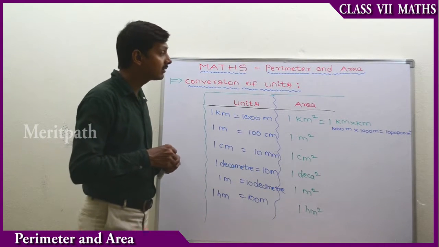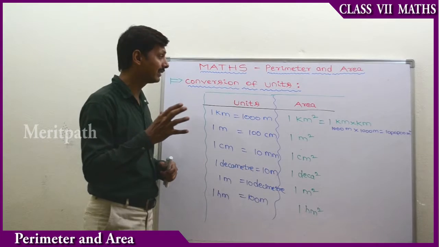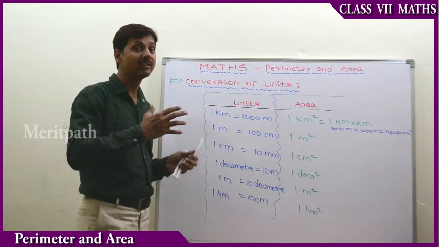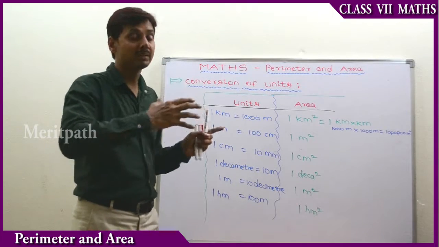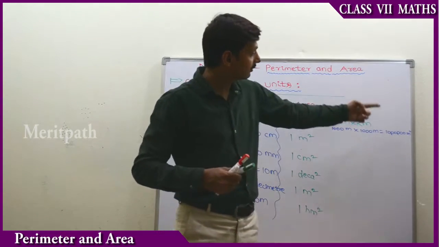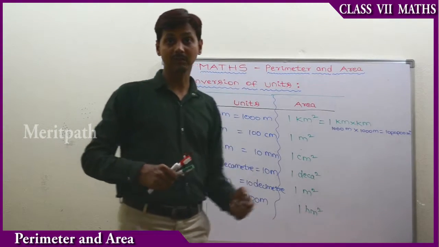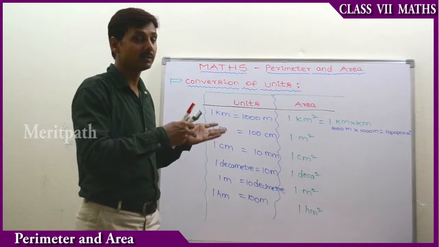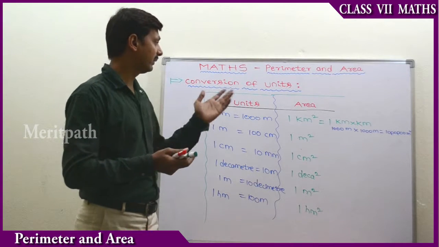So 1 kilometer square is equal to 10 lakhs meter square when we change this area from kilometers to meters. We changed the area of kilometers into meters. So it became like that.